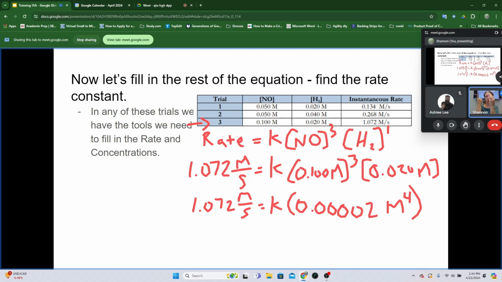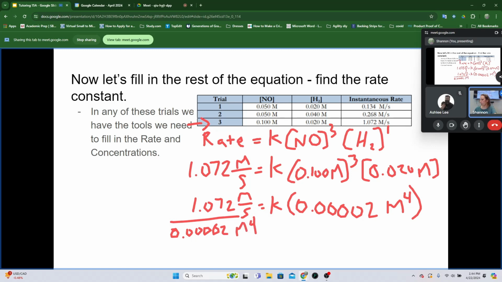So you have molarity times 1, 2, 3, and then 1 more for the hydrogen concentration molarity. So it should be molarity to the 4th power. Now you can divide 1.072 divided by 0.00002 molarity to the 4th power.